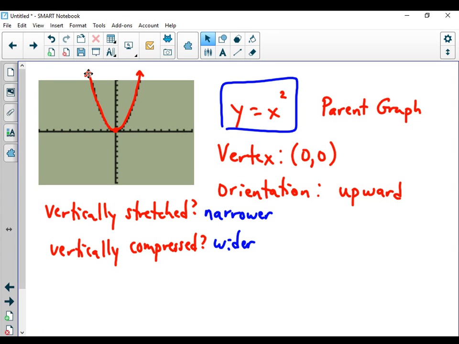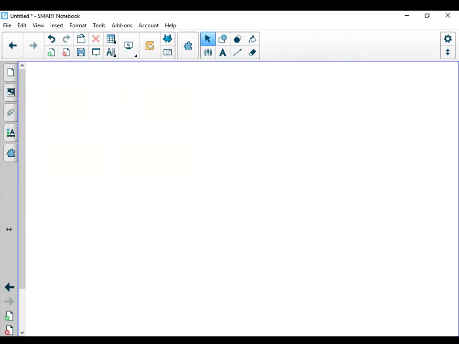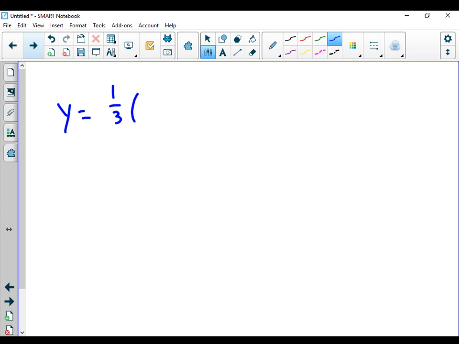Well, here's our goal for this chapter. We're going to throw the calculators out. I'm going to be able to give you an equation, and you're going to be able to sketch it for me. For instance, if I gave you this equation, and I said, sketch that parabola without using your graphing calculator.